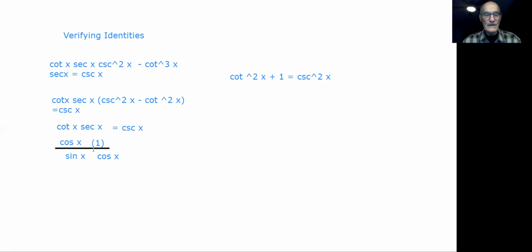Now, what you'll notice here is this cosine and this cosine will cancel each other. So I'm left with 1 over sine x, and 1 over sine x is cosecant x. So I have cosecant x equals cosecant x.